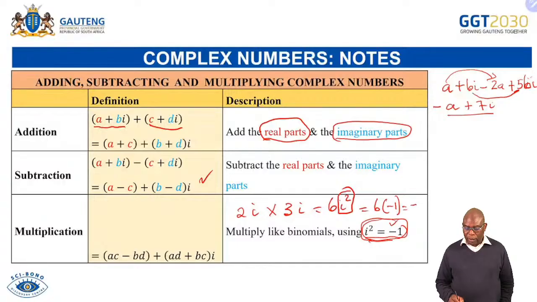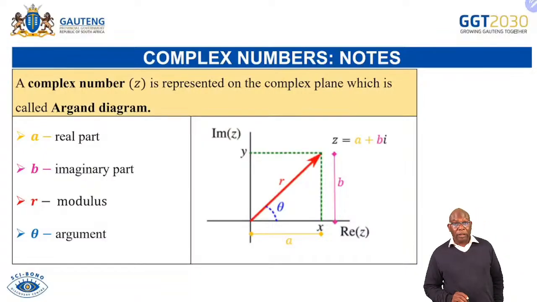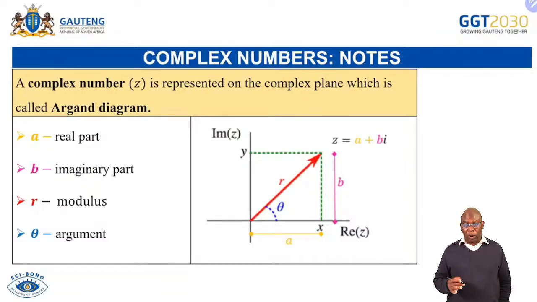My answer will be negative 6. Only when I have I squared. Okay, right. We'll do the division part when we're doing our activities, because in division we use the conjugate.